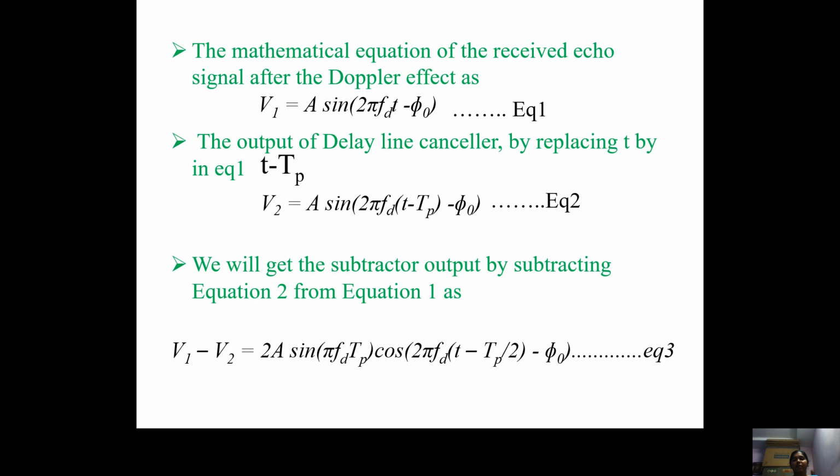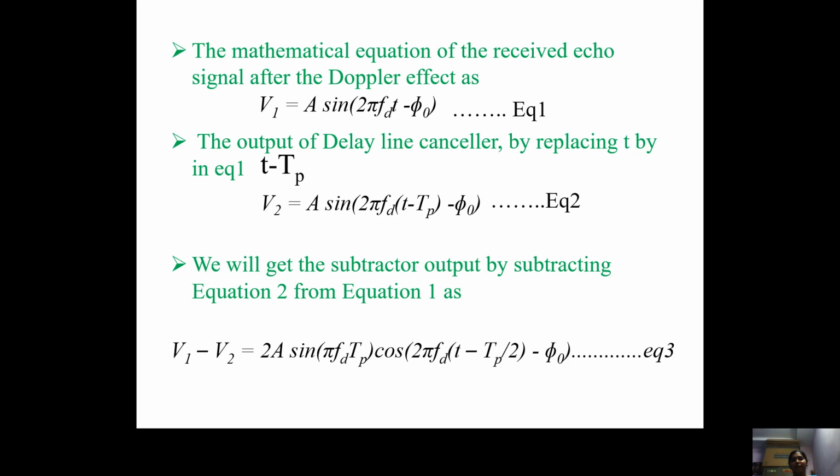Now these two voltages are fed to the subtractor. The subtractor output, by subtracting V1 and V2, is V1 minus V2 equal to A sin 2 pi (fd t minus f0) minus A sin 2 pi (fd (t minus TP) minus f0).